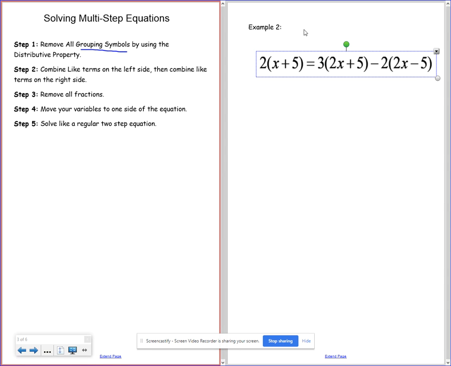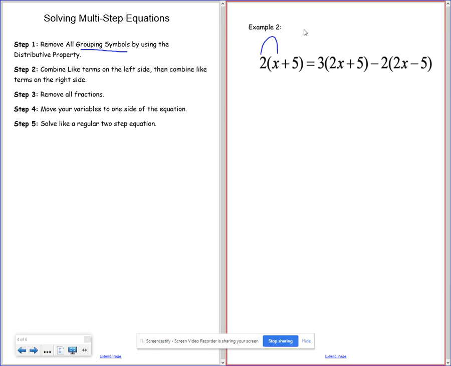We have a lot of grouping symbols here. How do we remove the grouping symbols? We use the distributive property. So we're going to take this 2 here and multiply by the x. 2 times x is 2x. Take the 2 times 5, which is 10. And then we got equals. And then we're going to take 3 times 2x, 6x. 3 times the 5, 15.